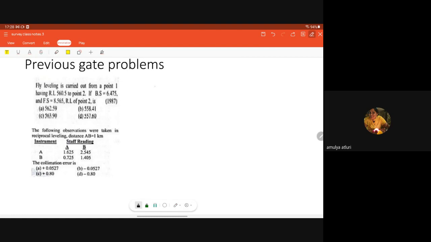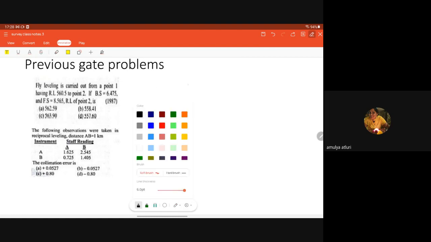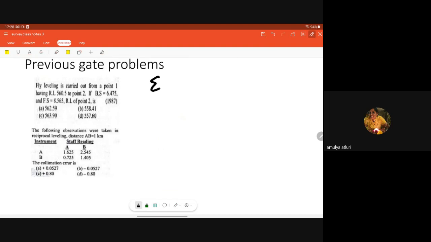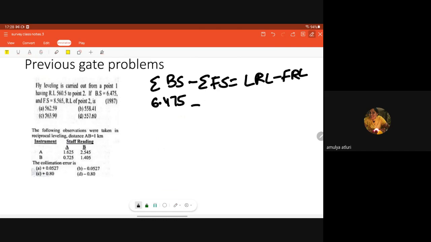So how do we check in leveling? Sigma BS, backsight, minus sigma foresight is equal to last RL minus first RL, right? So what is the BS here? 6.475 minus what is the FS here? 8.565, right? He has given FS and BS and the first RL.